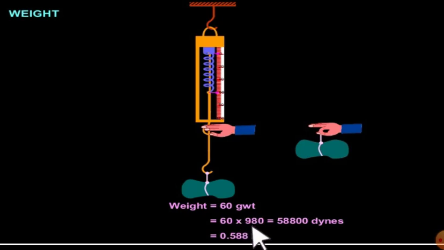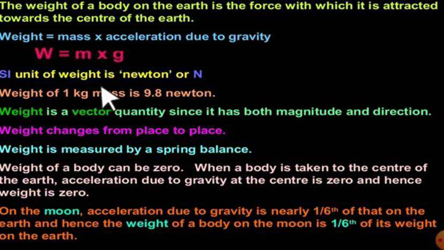Okay, so what is this weight? The weight of a body on the earth is nothing but the force of attraction with which that object is attracted toward the center of the earth. So your weight is nothing but the gravitational force experienced by that object with respect to the earth, in the case of our planet.